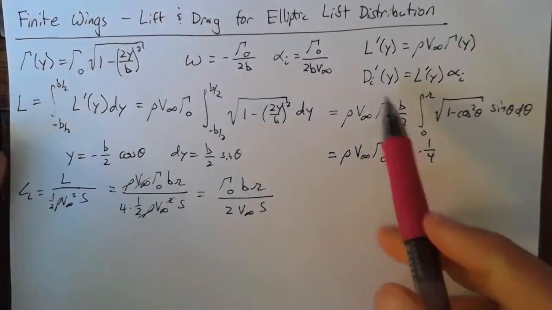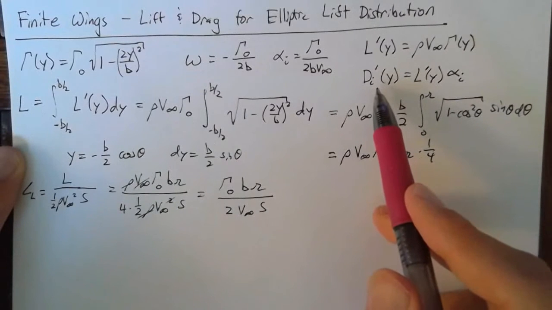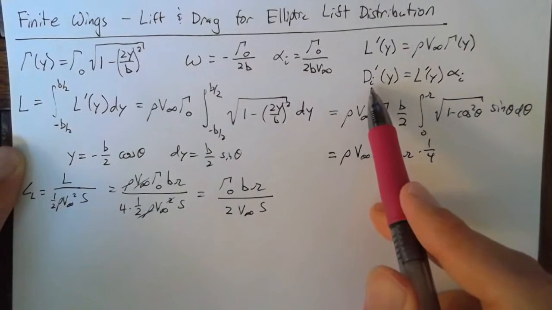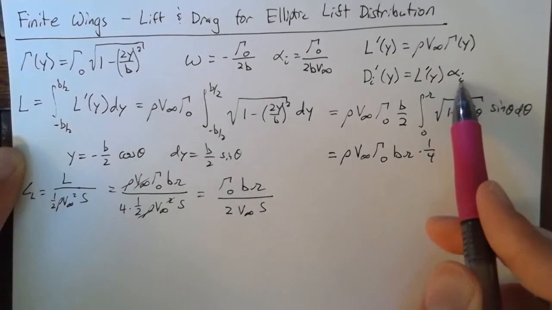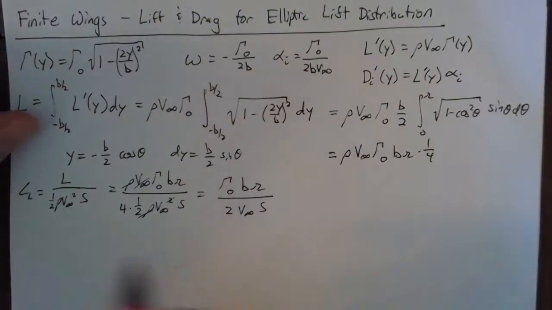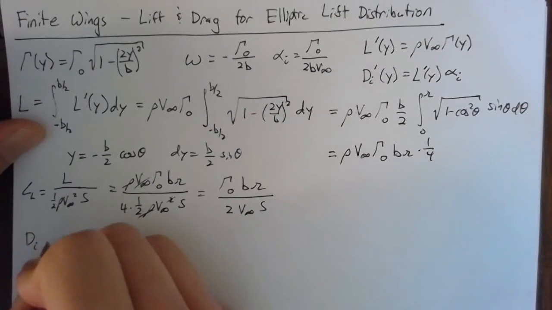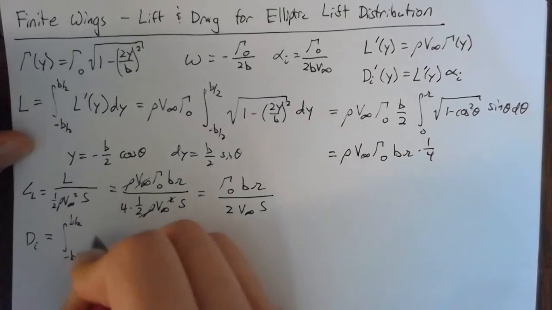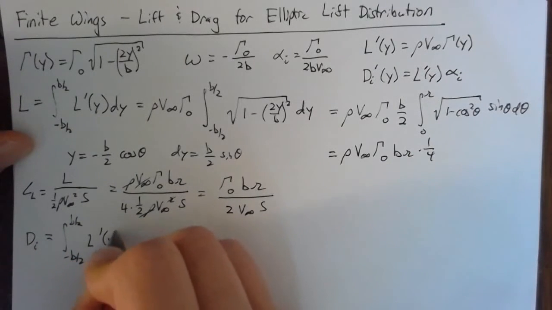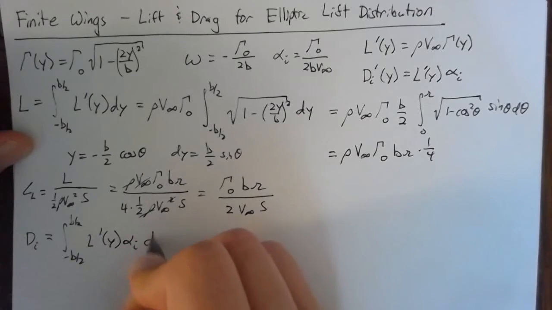Well, as you might imagine, since the drag per unit span is simply equal to the lift per unit span times this constant alpha sub I, then this means that our induced drag is going to be equal to the integral from negative b over 2 to b over 2 times the lift per unit span times our alpha sub I dy.